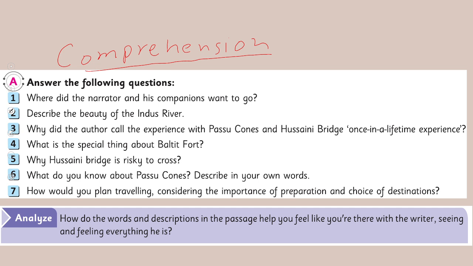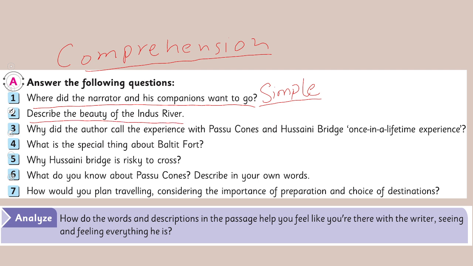Now let's read the questions and find out which of them are simple and which are higher order questions. First, where did the narrator and his companions want to go? It's a very simple question. You can find the answer from the comprehension passage or the main lesson easily.